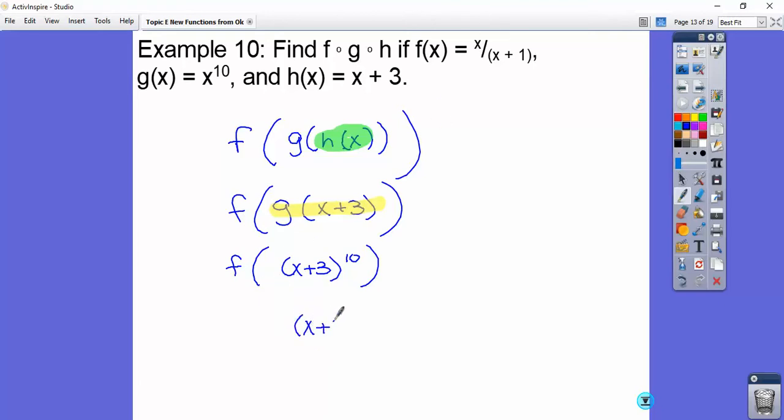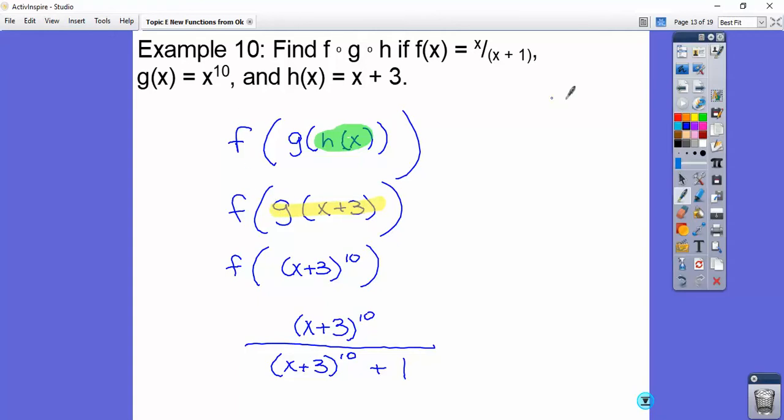So every x gets replaced with that, so I get an x plus 3 to the 10th over x plus 3 to the 10th plus 1. Do we need to do any more with multiple compositions like that? Good with that? Remember doing that before?